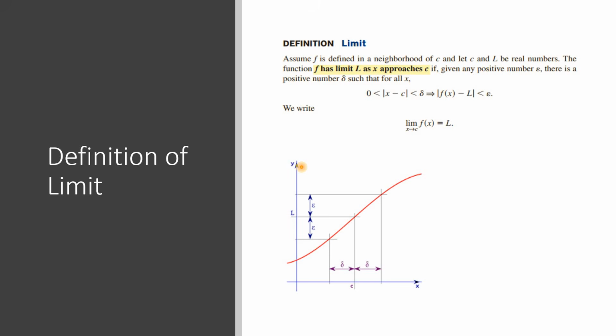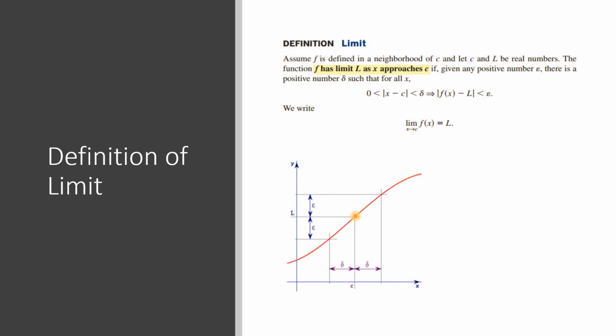Well, in this situation where we have a smooth curve, that's totally possible. We could simply figure out the limit, or what value L is here, by plugging in c into our original equation. However, as we will soon find out, not all functions look like this. Not all functions look smooth like this. In fact, let's just say that at point x equals c, we had something called a discontinuity, a break in the function.